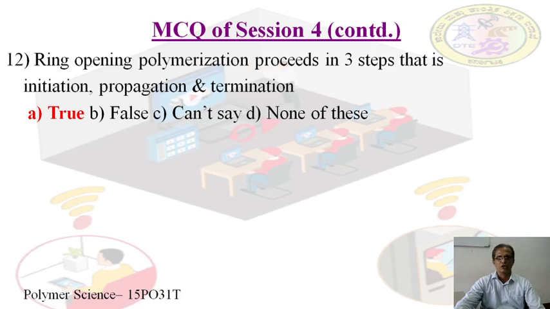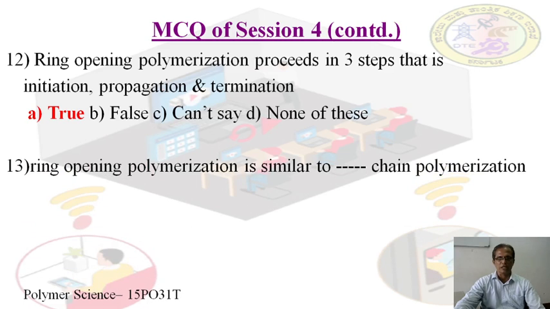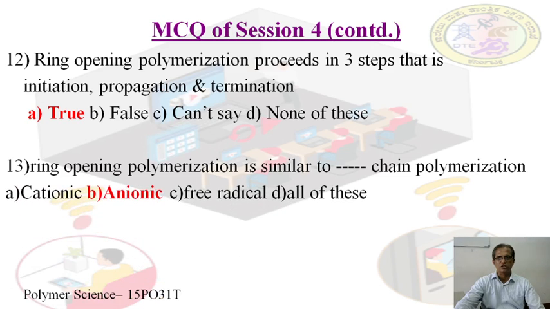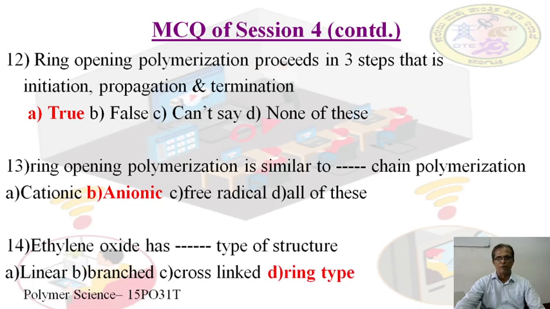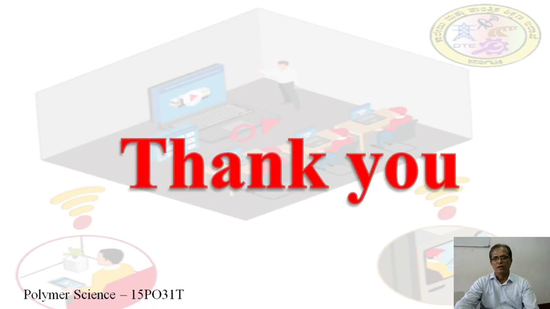This statement is true. So the correct answer is A. Ring opening polymerization is similar to dash chain polymerization. It is similar to anionic chain polymerization. Question number 14. Ethylene oxide has dash type of structure. Ethylene oxide has a ring type of structure. That is what we had discussed just now in ring opening polymerization. Thank you.